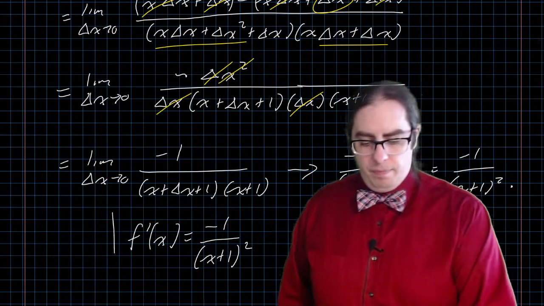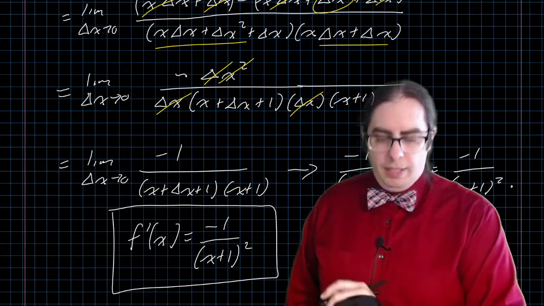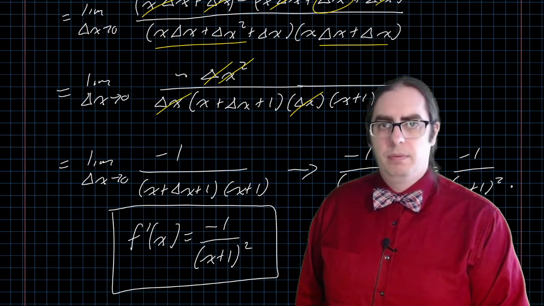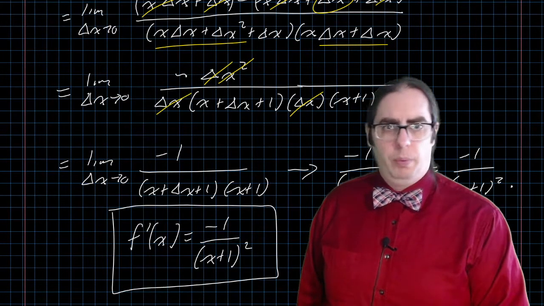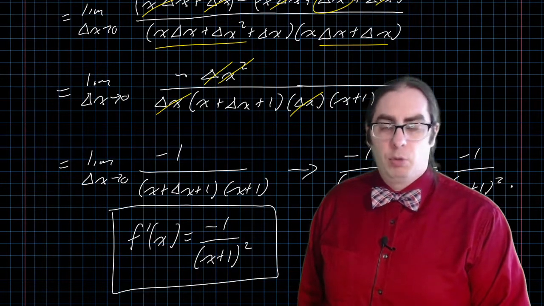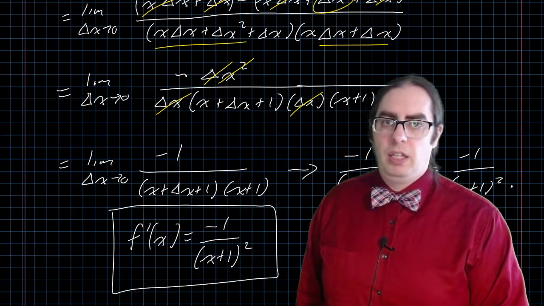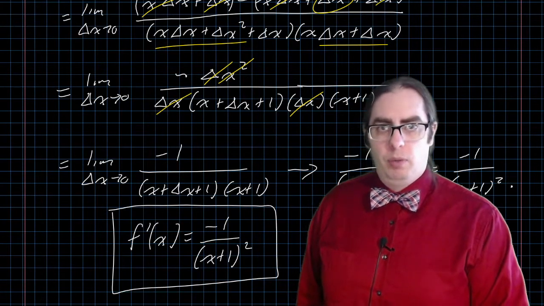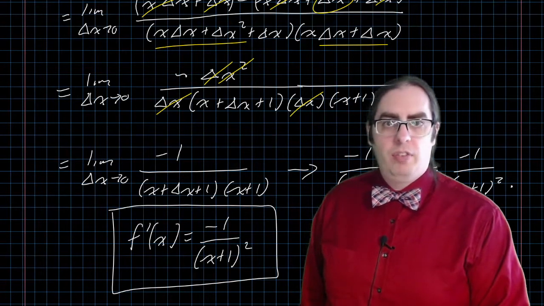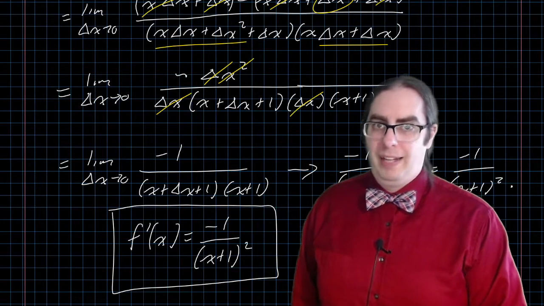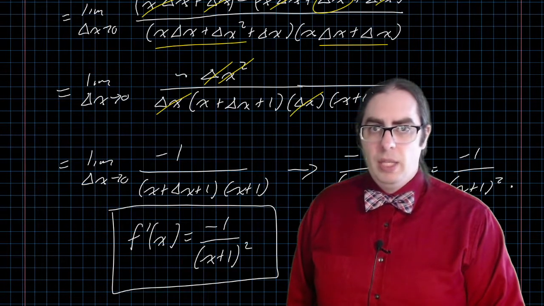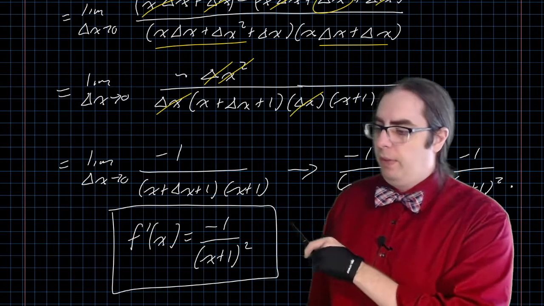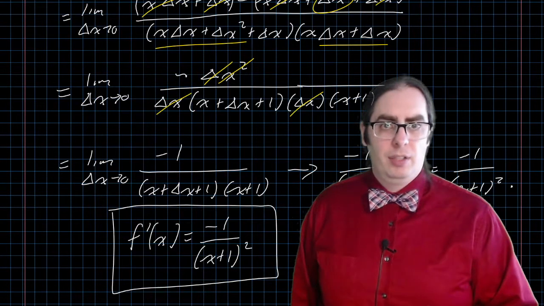Okay, that was a lot of messy algebra, but we got somewhere with it. We just have to remember what we were trying to do. Because remember, the question was find the largest interval, and choose the one containing x equals 0, so that this function is differentiable on that interval. And a function is differentiable if and only if the derivative that we found here is defined.